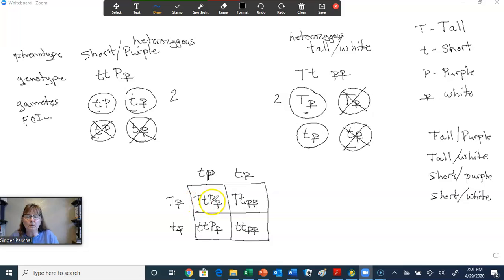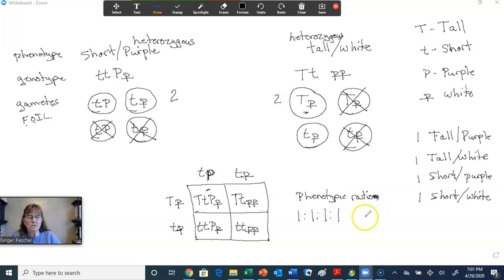So tall purple, this one is tall purple. This one is tall white. This one is short purple. And this one is short white. So in this situation, we have a 1 to 1 to 1 to 1 for our phenotypic ratio.